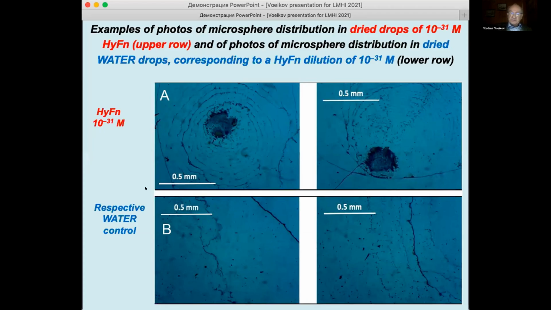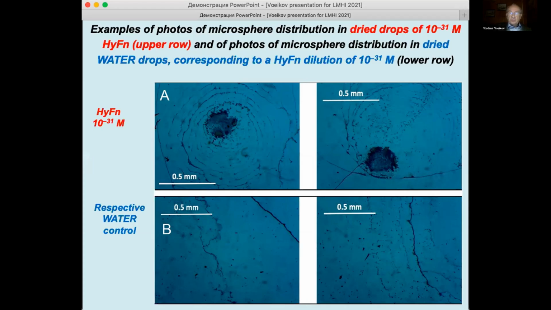One can see that on the photos of dried droplets containing microspheres prepared with this ultra-high dilution of fullerene, different figures appear. So there is some kind of organization.